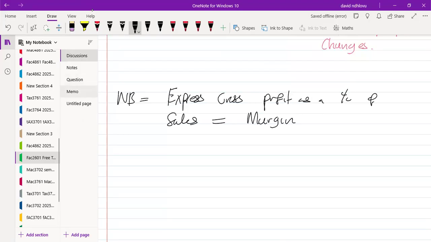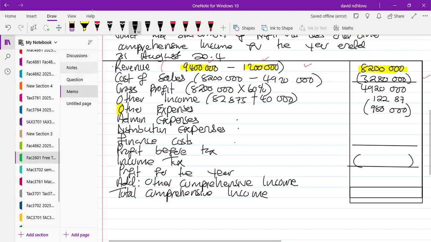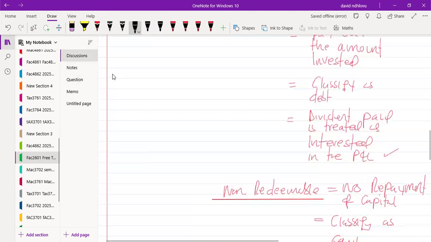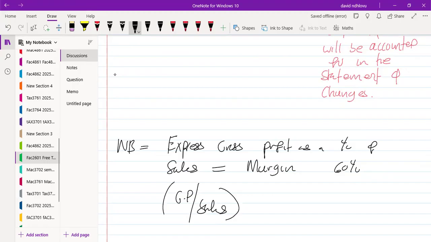So therefore, the figure that you were given here, 60%, that's a margin. So that 60% represents what we call a margin. It simply says if we take the gross profit amount, we divide by the sales, then it's going to give us 60%.